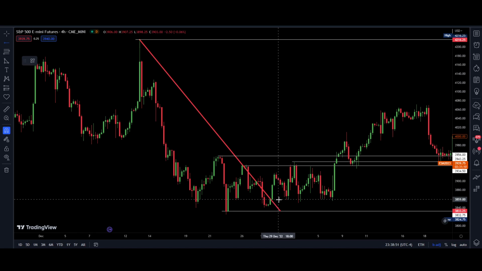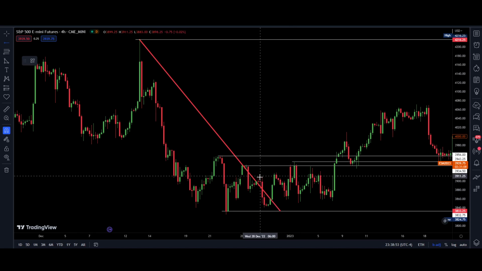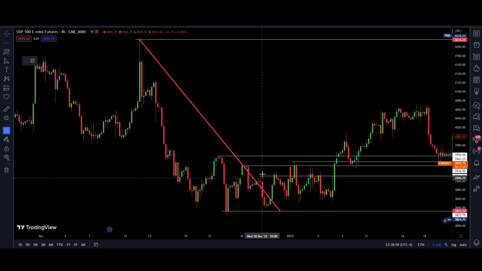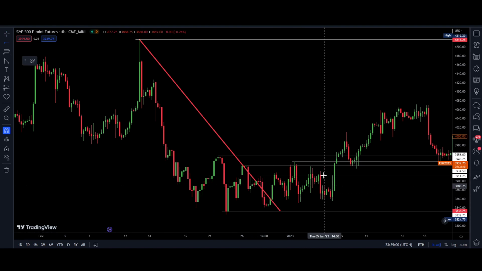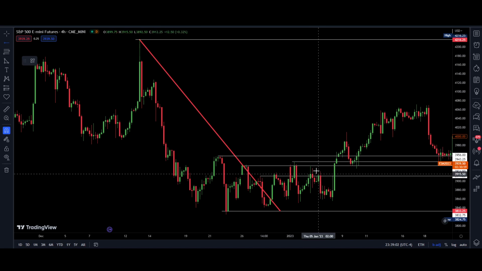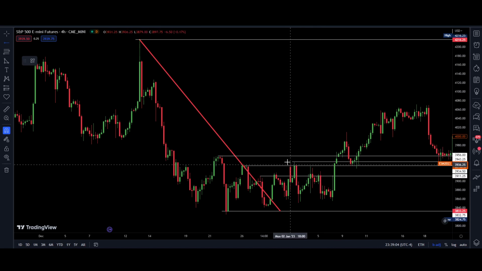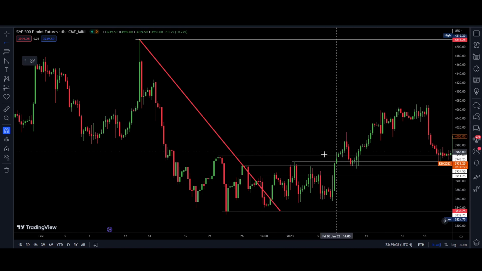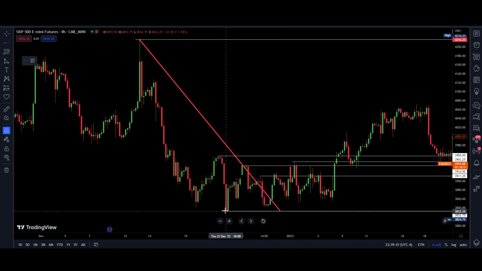You see, the longer they spend down here, they have to get above here, right? Because that's a little high that dumped. And they have to get above, well, we'll just call that good. So there's like 3 or 4 areas in here that they need to get above for this to have paid off.